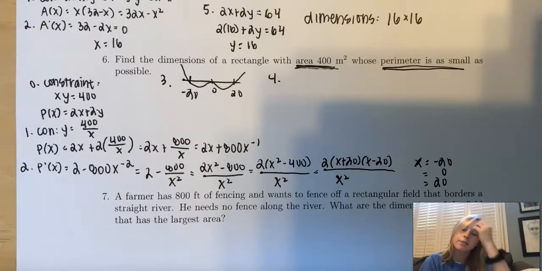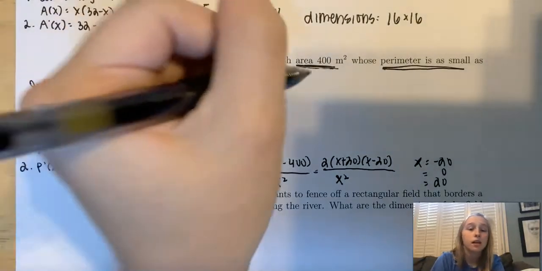This is a logical thing. You can't really have a negative area or a negative length or even a length of 0. So we're going to chop it off at 0 and only look to the right, so that we can only focus on x equals 20, because that is the only logical 0 that would make sense in this case.